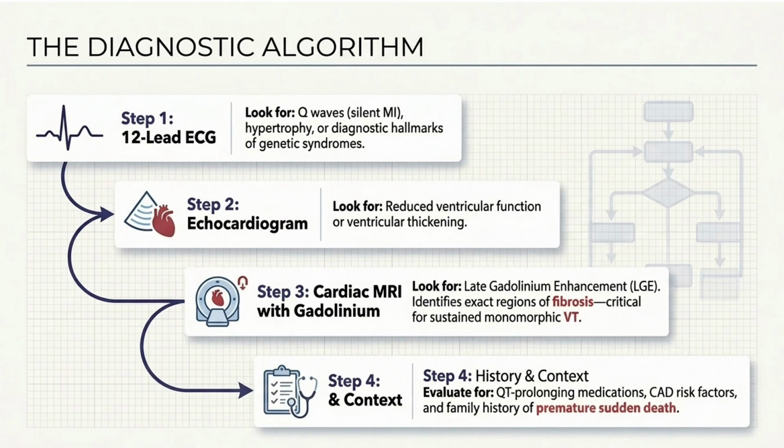Step 3, cardiac MRI with gadolinium, which is essential for identifying late gadolinium enhancement, LGE, the specific regions of fibrosis that sustain VT. Step 4, evaluating the history and context, including key QT-prolonging medications and family history.